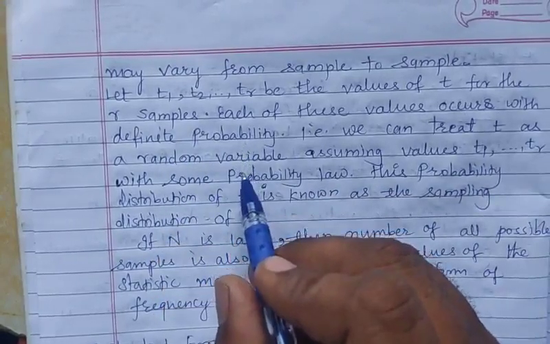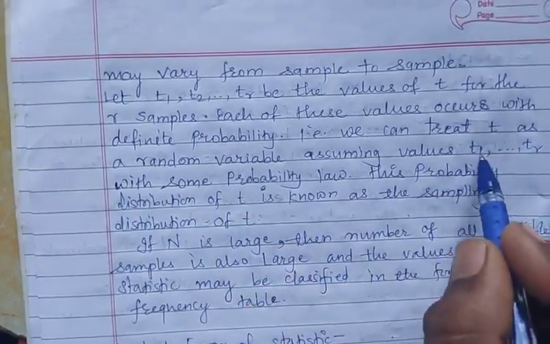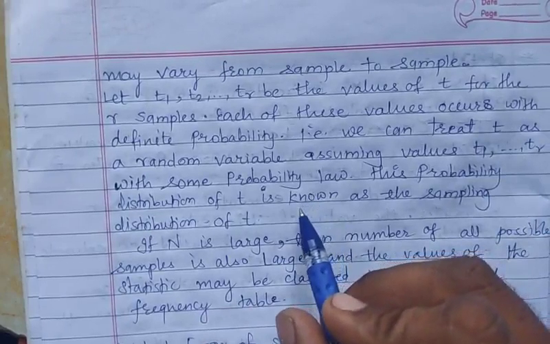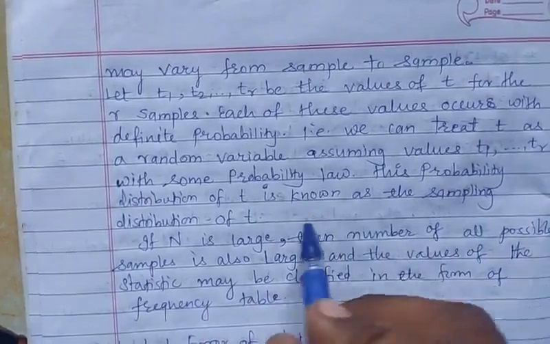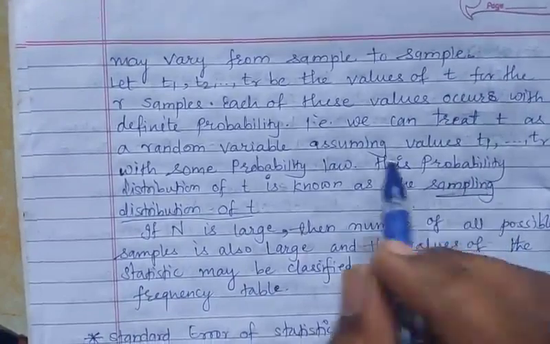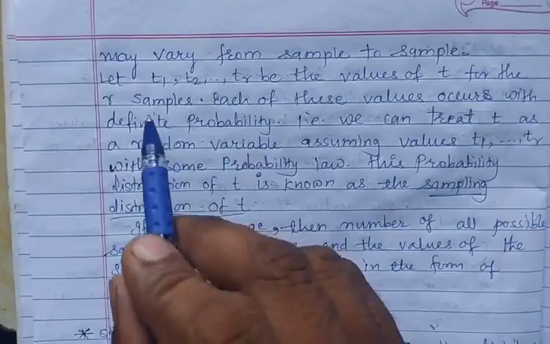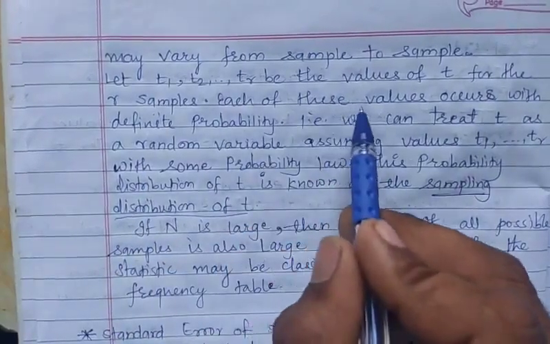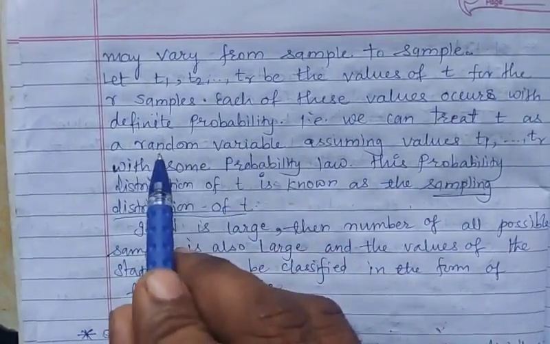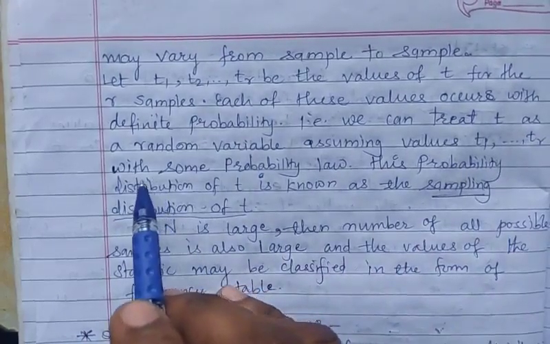Now we can treat T as a random variable assuming values T1, T2 up to TR with some probability law.